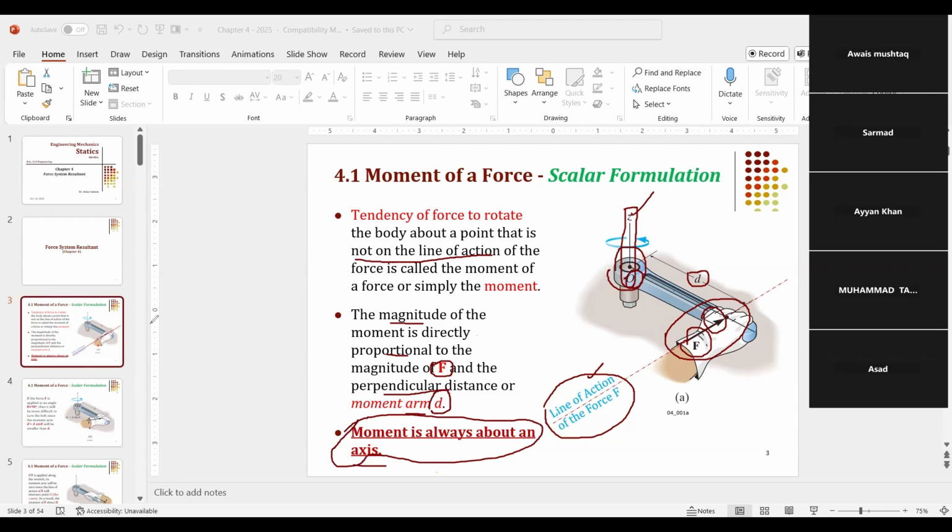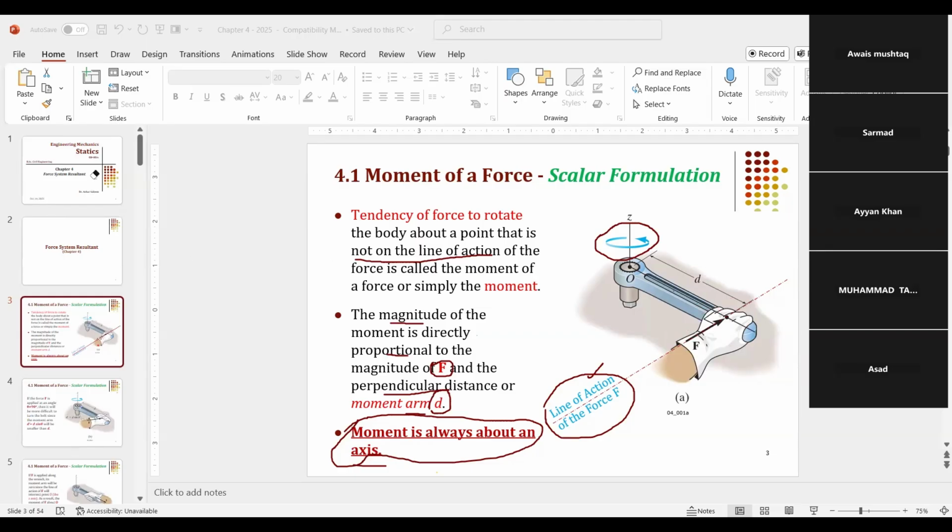Okay, and you can see this blue circle right here, and this is counterclockwise. So moment is always designated as clockwise or counterclockwise, and that is very easy to imagine with respect to the direction of the force. Let me clear this.